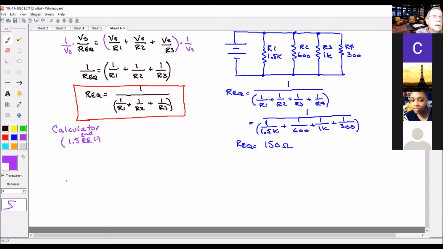Oh, not milli. 3, x to the minus 1. Plus, is it 600?